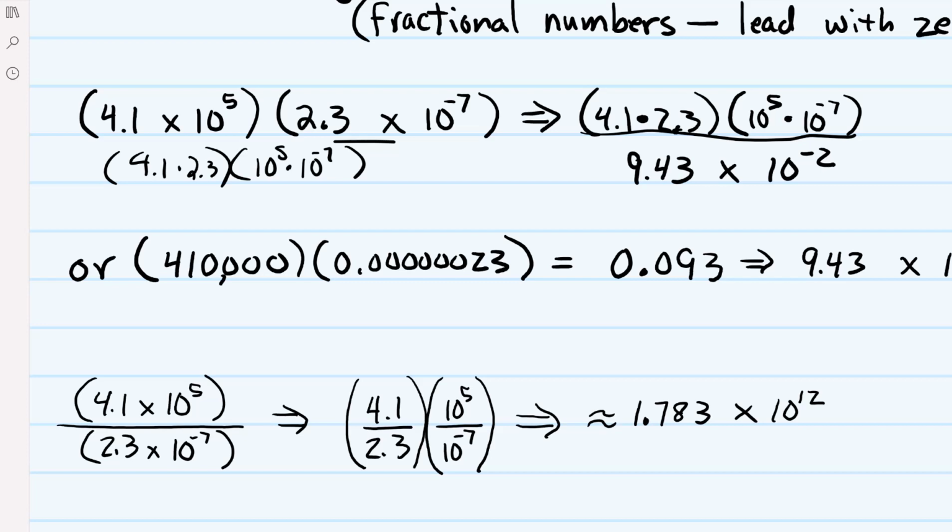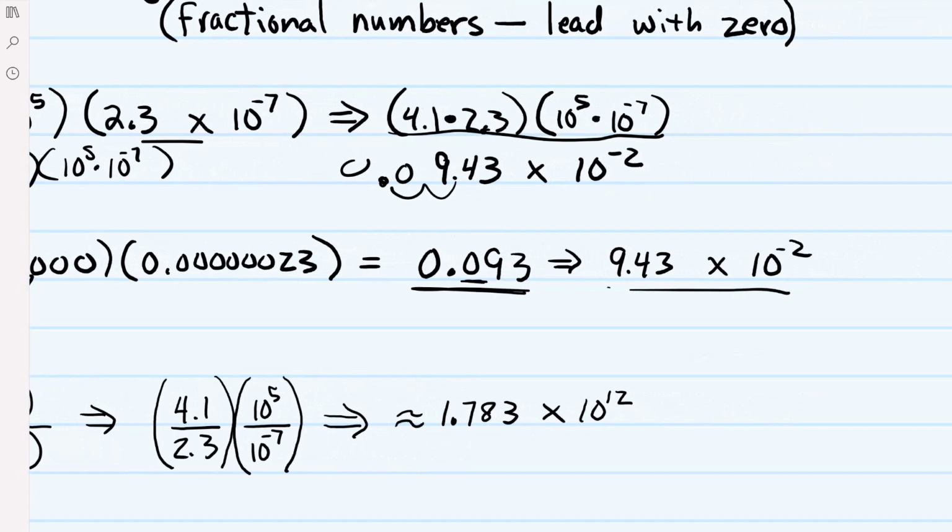And when you multiply powers of the same base, you add the exponents. 5 plus negative 7 is negative 2. If we wanted to write this in standard form, since that's a negative 2, you move the decimal, and in the empty places you put zeros. So all of this multiplies to equal this, or it can be rewritten like this.